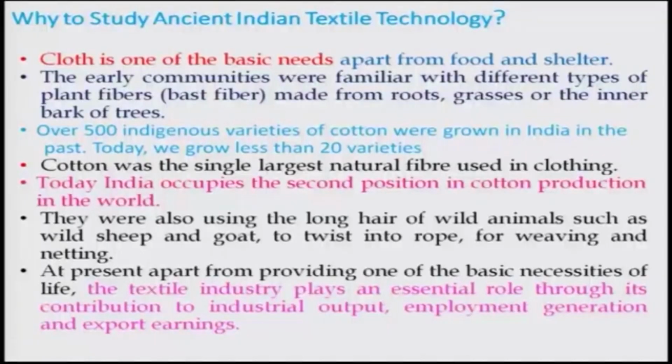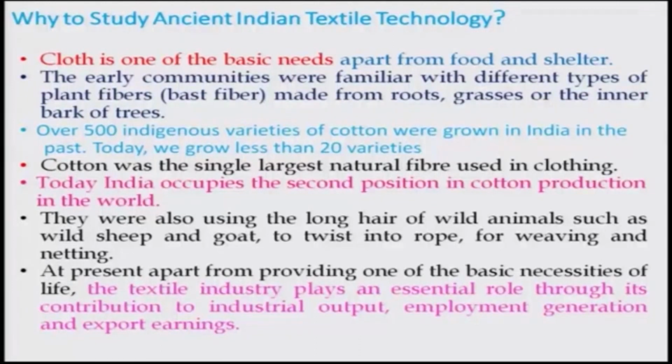Our ancestors were familiar with different types of plant fibers, what people generally call bast fiber, and these plant fibers are made from the root, grasses and inner bark of the trees. And fortunately, in India we had 500 indigenous varieties of cotton, but unfortunately at this moment we are growing only 20 varieties, and the rest have gone with the wind.